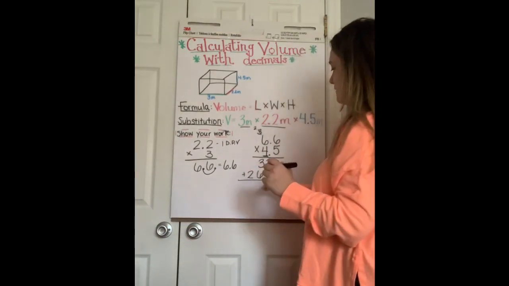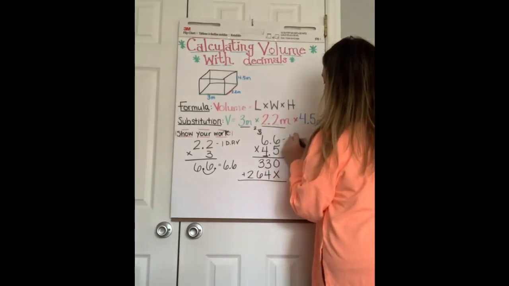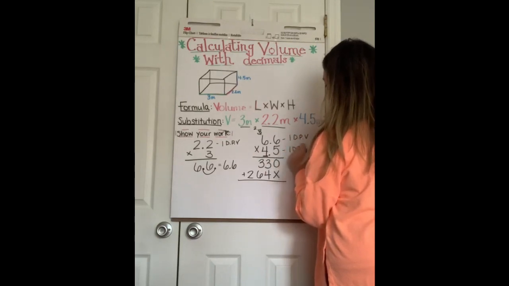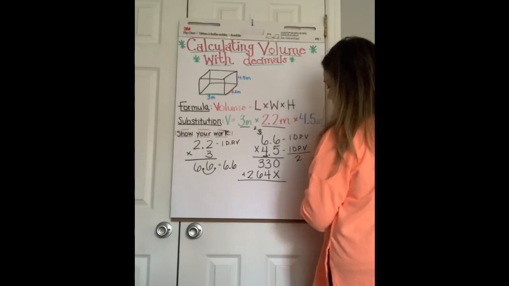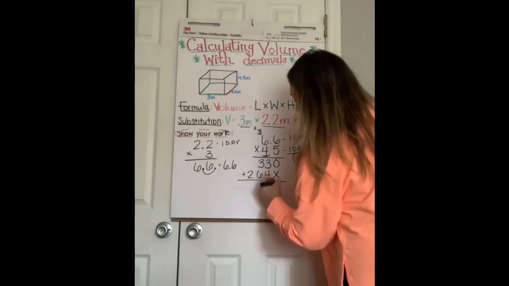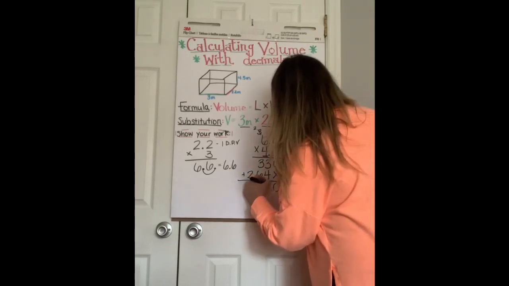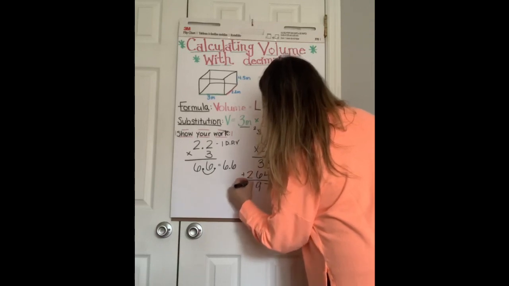And then I'm just going to add. I lined up my place values. Let's not forget our decimal place value. So 1 decimal place value and another decimal place value. So I have to move it a total of 2 times in the end. So this is going to be 0, 3 plus 4 is 7, 6 plus 3 is 9, and 2.